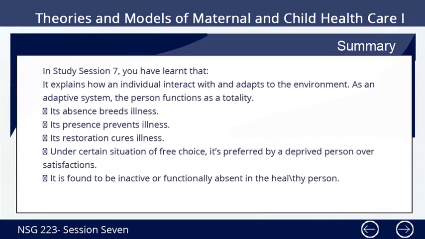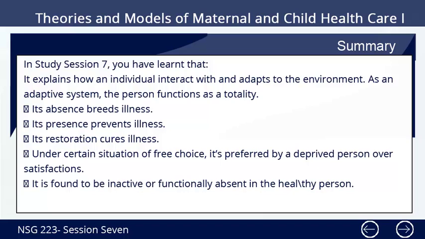Summary of Study Session 7. In Study Session 7, you have learnt how an individual interacts with and adapts to the environment. As an adaptive system, the person functions as a totality. A basic need has these characteristics: 1. Its absence breeds illness. 2.